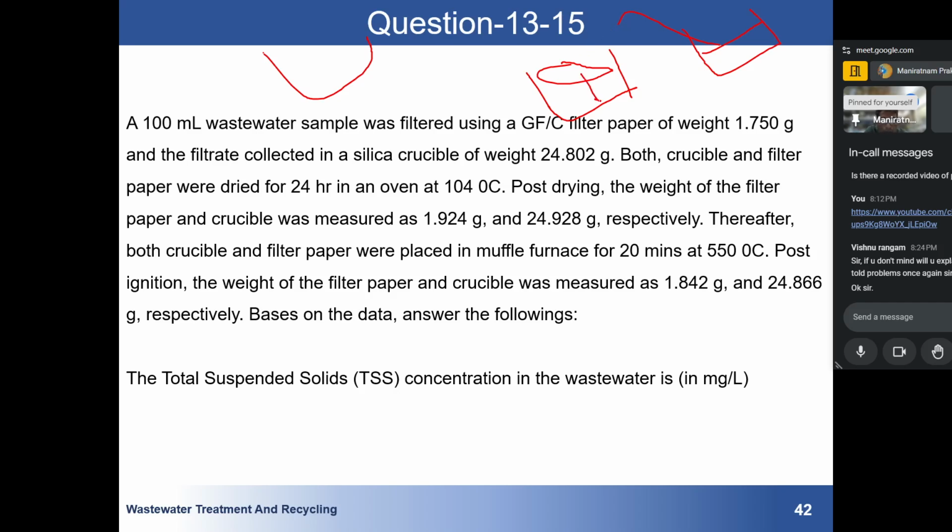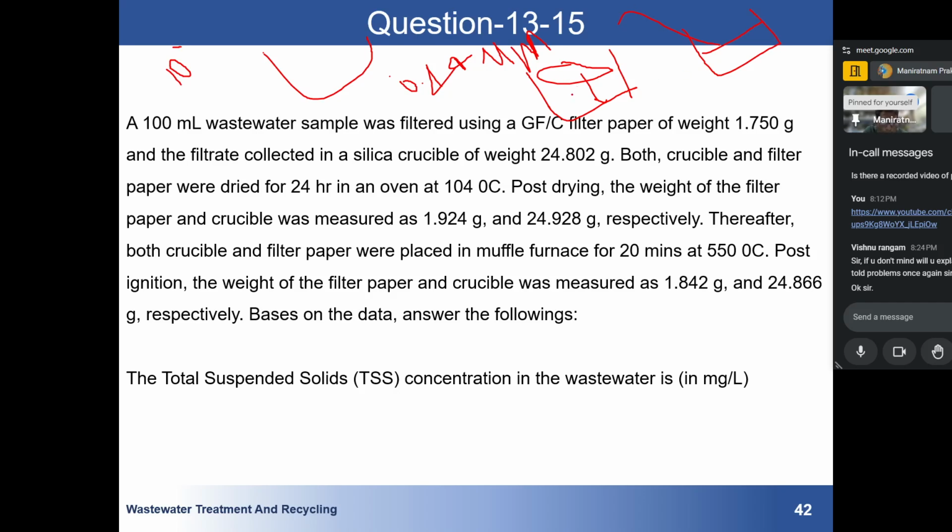The pore size of this filter paper is generally, I don't know, 0.44 micron. That micron means 10 to the power minus 6 meter. The pores, the size of the pore of this filter, is that.